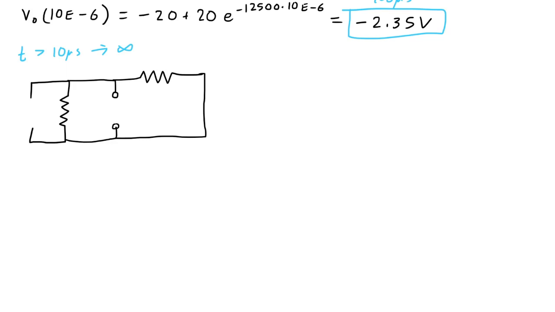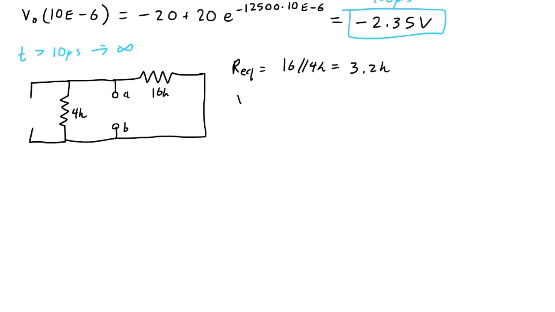So we're going to short out the voltage source, open up the current source. This is 4K. This is 16K. Here's A, here's B. R equivalent is going to be 16K in parallel with 4K. So it ends up being 3.2K.